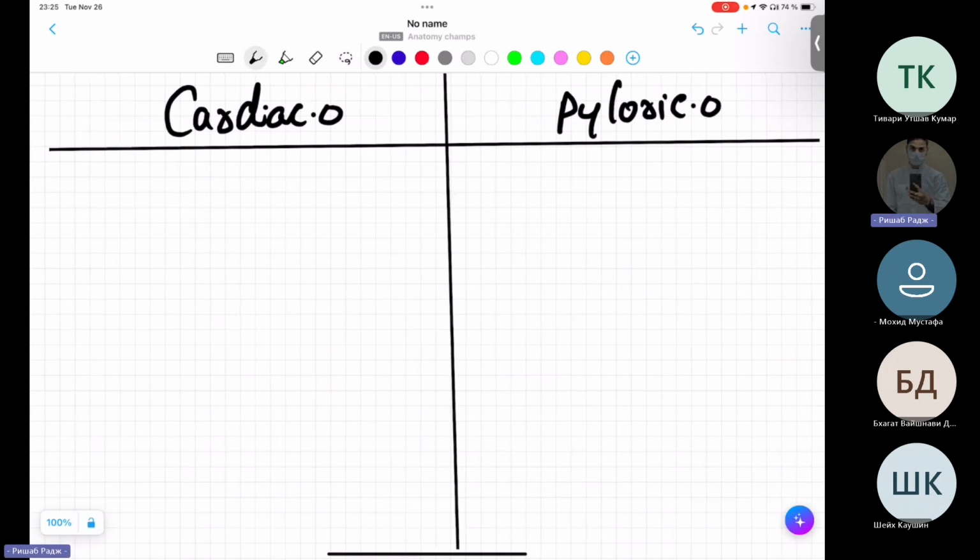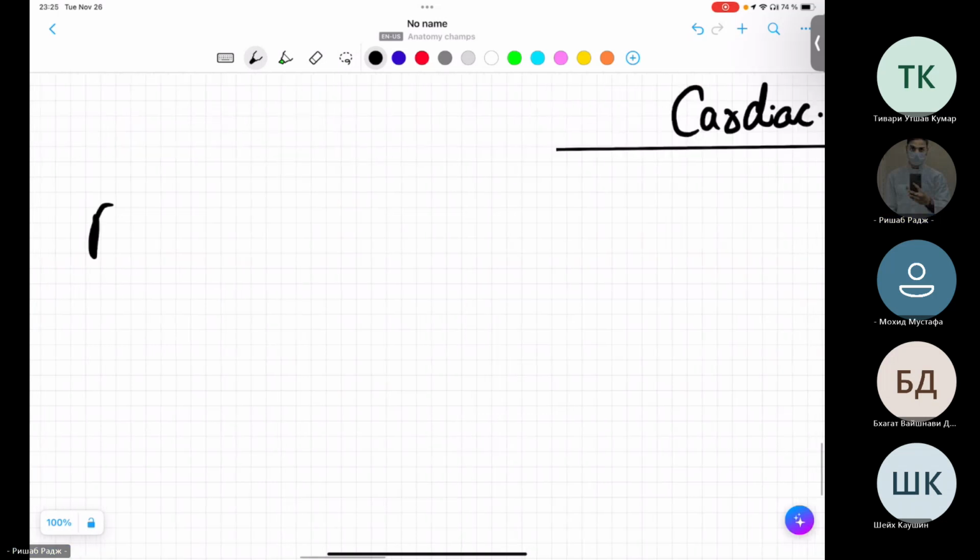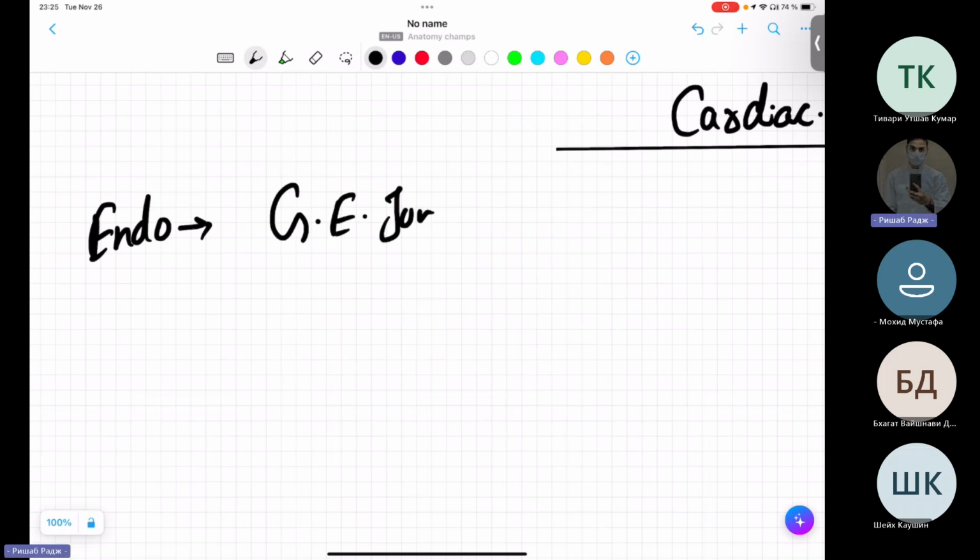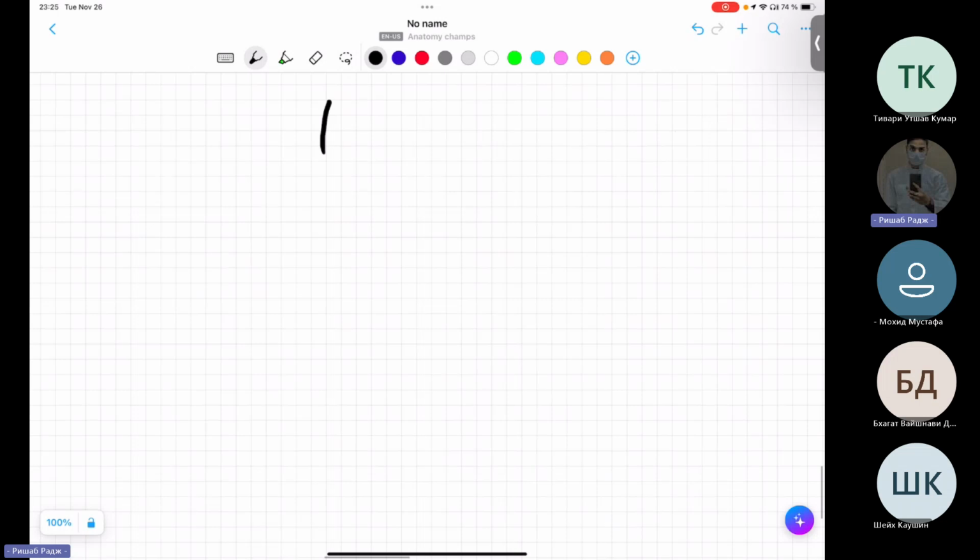So you have the cardiac opening and the pyloric opening. Let's talk about your cardiac opening. Guys, tell me one thing. Suppose you are doing endoscopy. Have you heard about the gastroesophageal junction, where the esophagus meets your stomach?